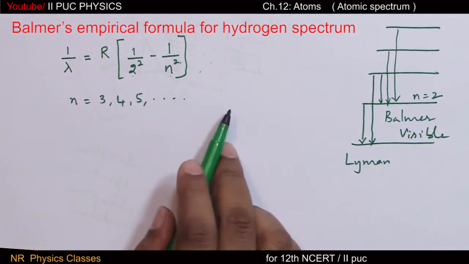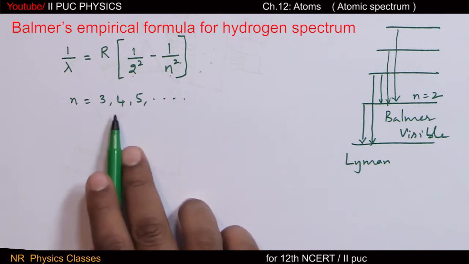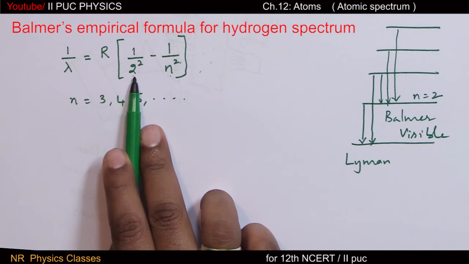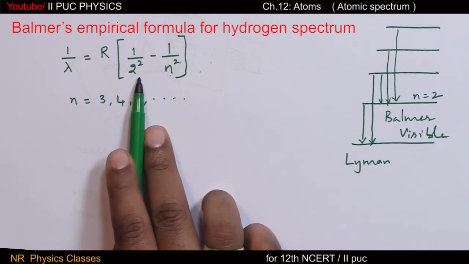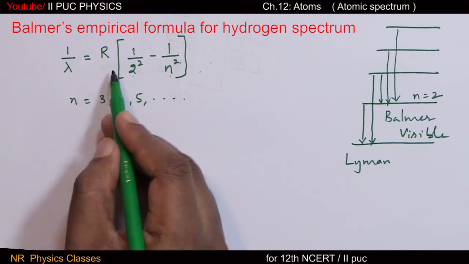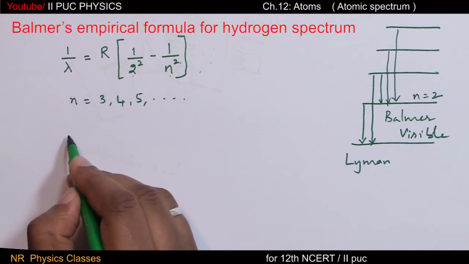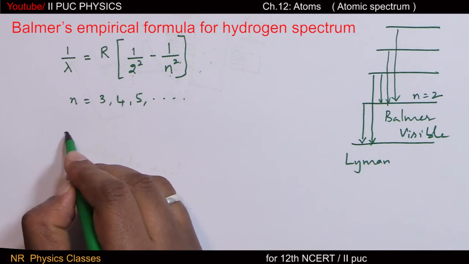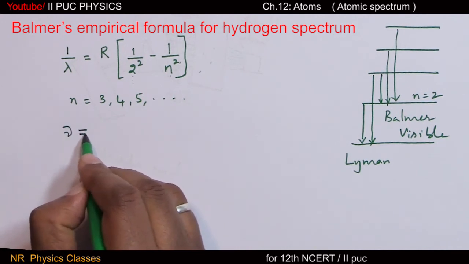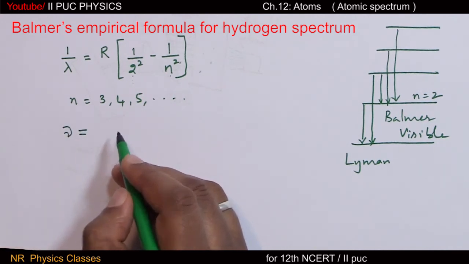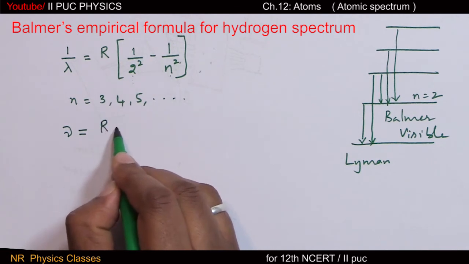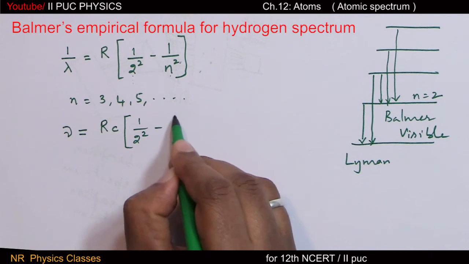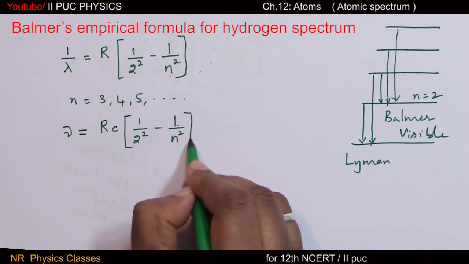Am I right? Transitions from 3, 4, 5, 6, etc. to 2 lead to the Balmer series. And the corresponding expression for frequency is R C into 1 by 2 square minus 1 by n square.